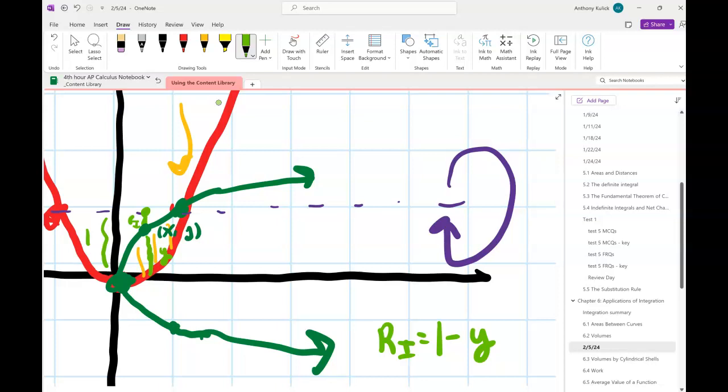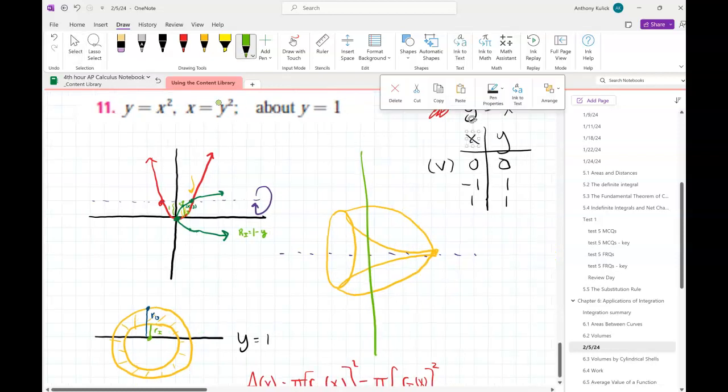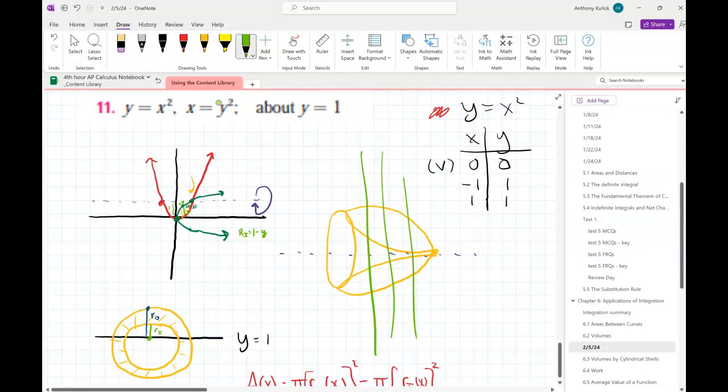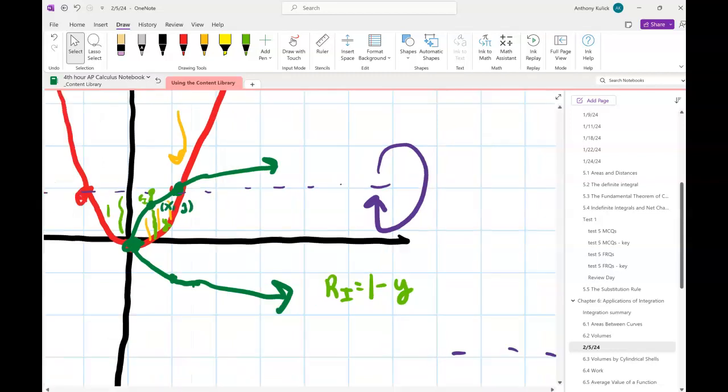But in terms of what variable should we be integrating? X, because our slices are going to be perpendicular to the x-axis, right? We're going to be slicing this way, vertically. Is that vertical? Right, we drew our slices vertically over here. So I need to rewrite that in terms of x.